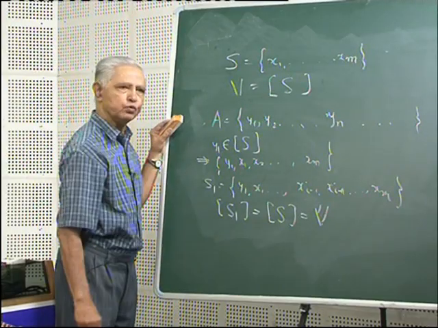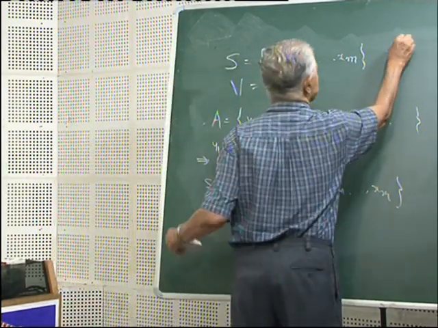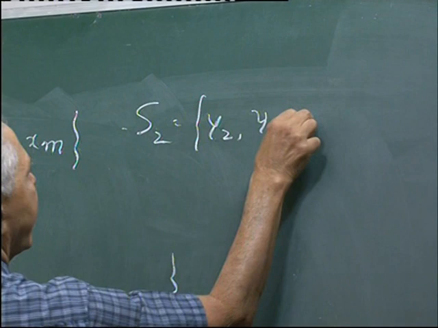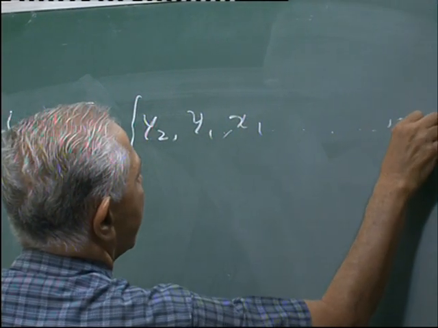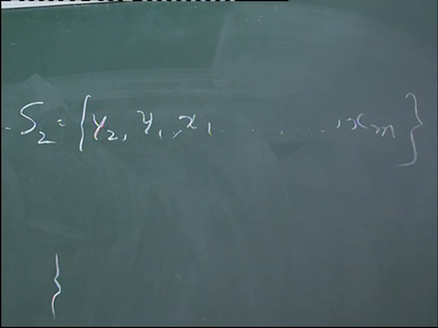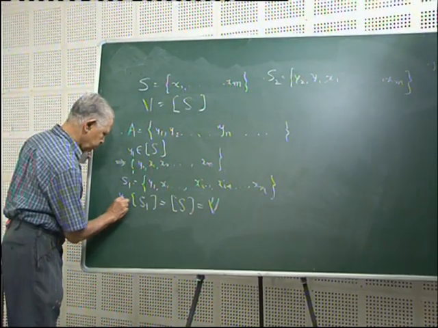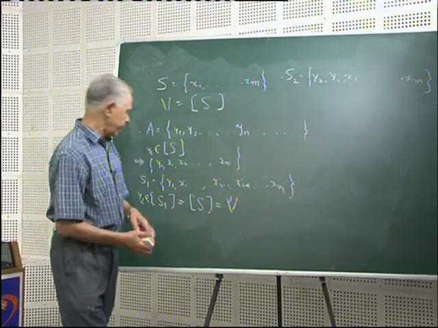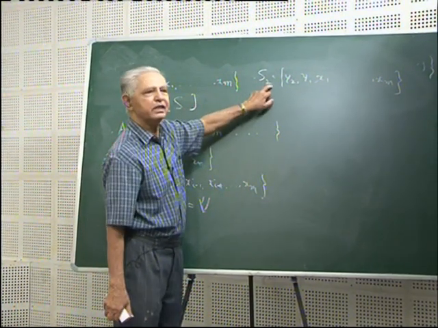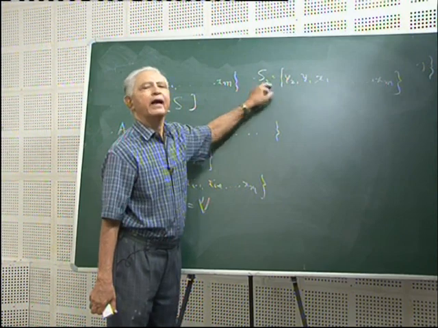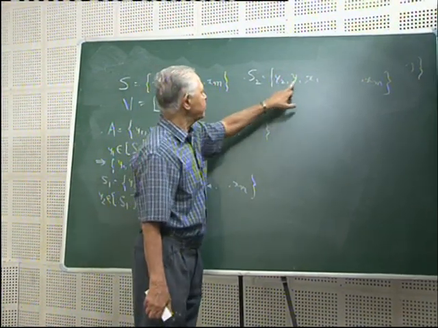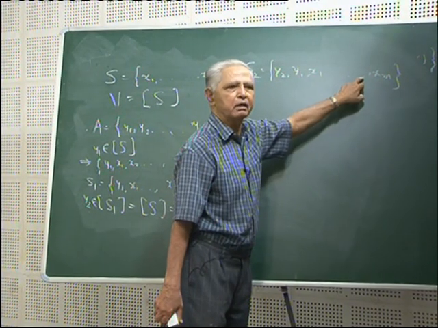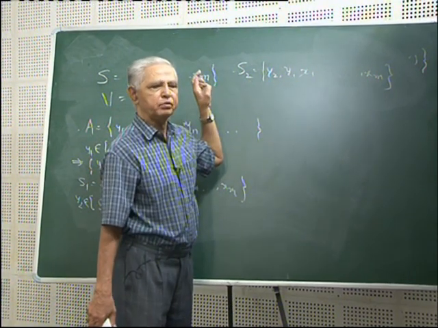Now, we take the vector y2 and define the set S2 = {y2, y1, x1, ..., xm}. Again y2 belongs to V, and so y2 belongs to the subspace spanned by S1, and so this set is linearly dependent, and again using the theorem either y1 is a linear combination of y2 or some vector xj is a linear combination of the preceding vectors.